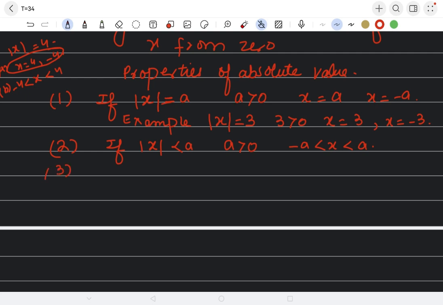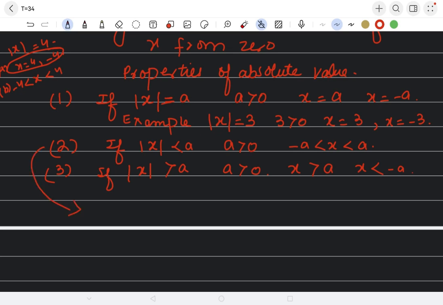Okay. Now third one, if your absolute value is greater than a and a is greater than 0, then your answer format will be x greater than a and x less than minus a. I haven't given you an example of 2.